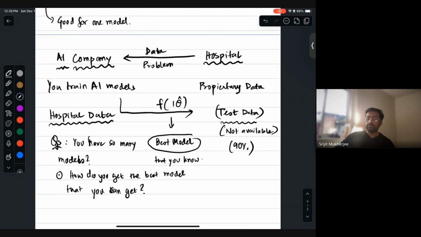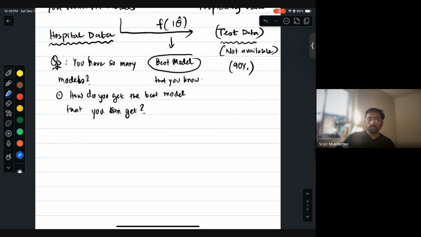So that's the question. Did you understand the problem statement, guys? So that is the birth of validation data. That's where the validation data comes in. Okay, so what is validation data?